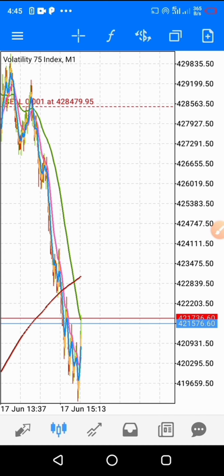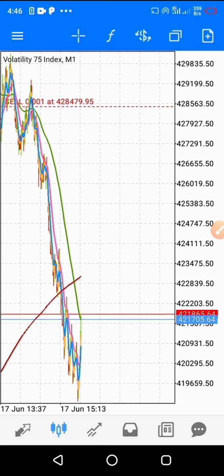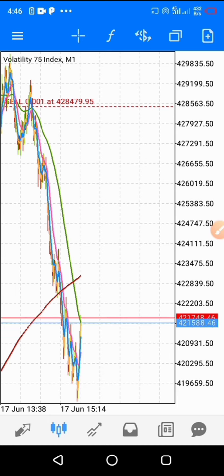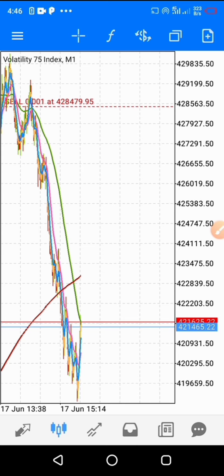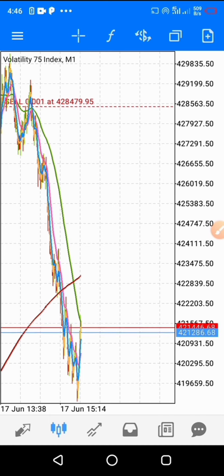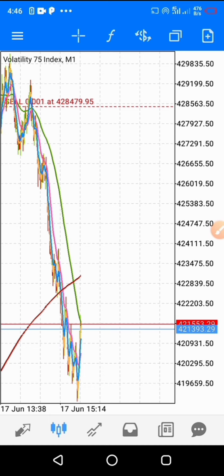Now, if you win 5 out of 10, it's going to be 5 times a 1 to 3 ratio, which is going to be 6, because you are risking 2 to get 6. So 5 times 6 is going to be 30. So you have made $30 profit.